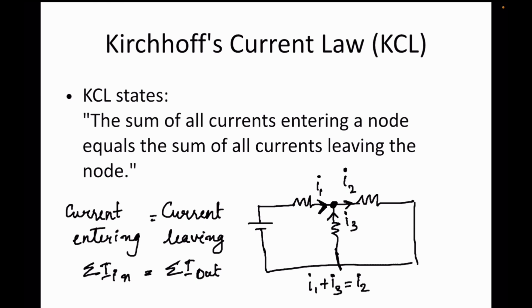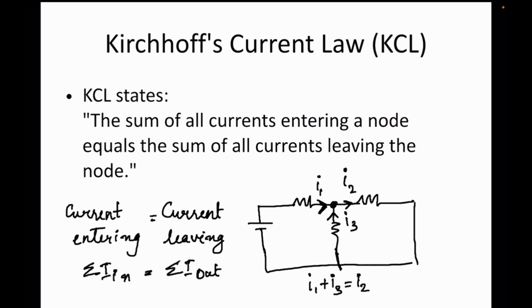At the branch, neither do they store the charges, nor do they produce the charges or add the charges. So it is just acting like a junction. Okay. So this is what Kirchhoff's current law says.